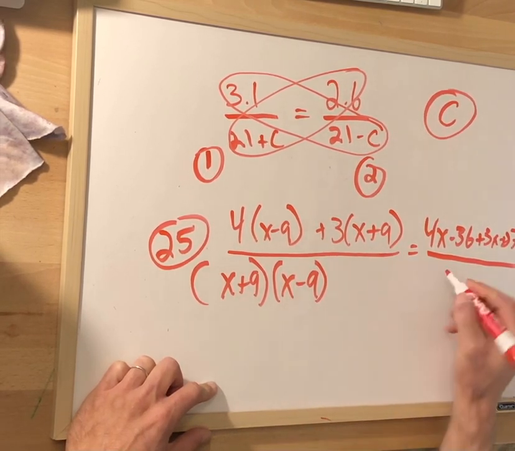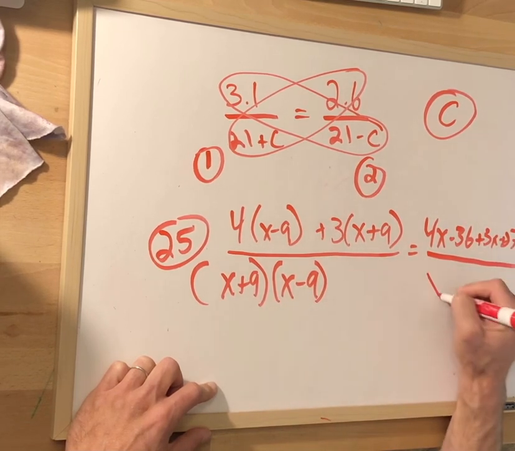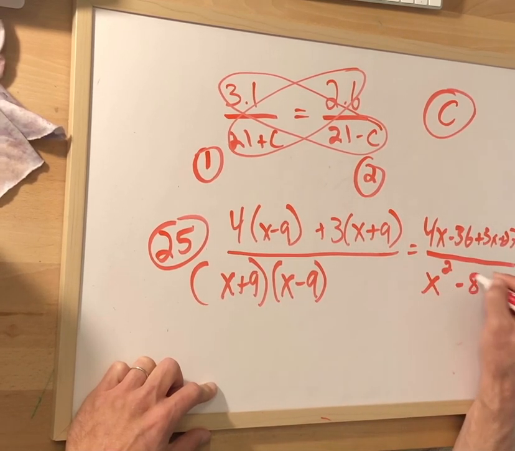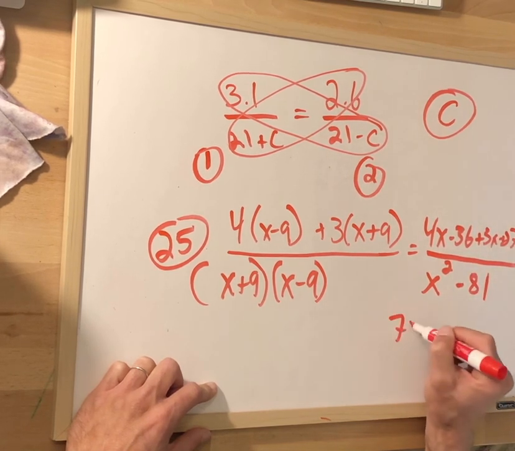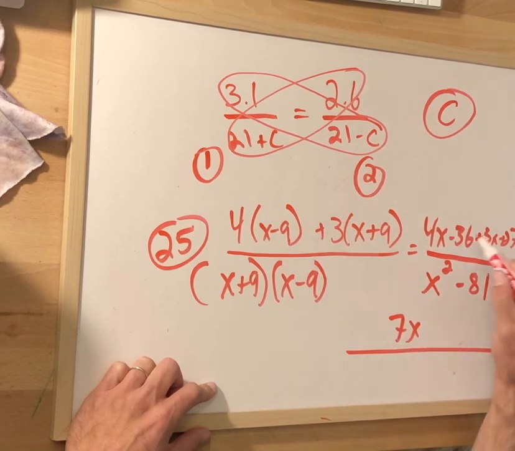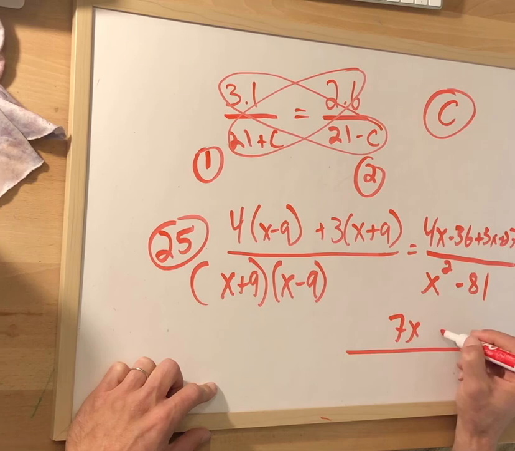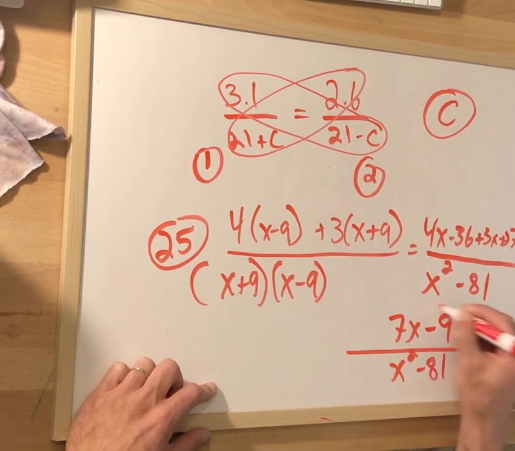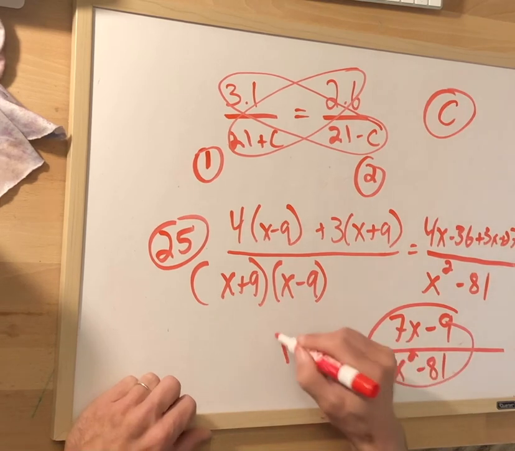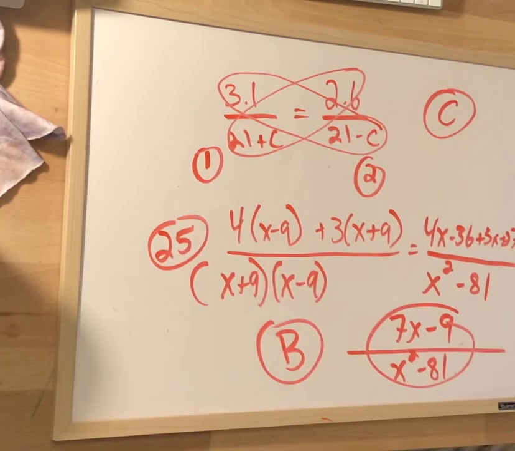This is actually a difference of squares. If you multiply this out, you get x squared minus 81. Combine the 4x and 3x is going to give you 7x. Negative 36, positive 27 gives you a negative 9 over x squared minus 81, which is letter choice B. That was the very last question.